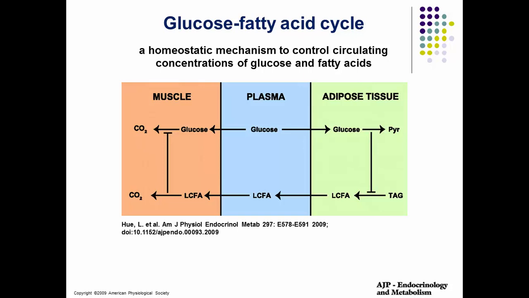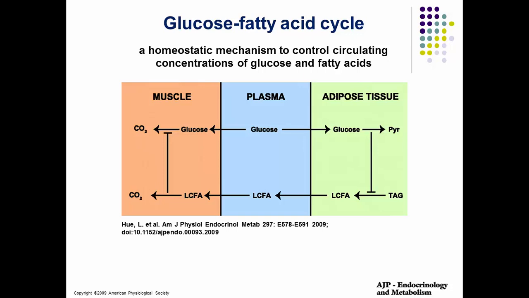So in the fed condition, we have a lot of glucose in the circulation, so both muscle and adipose tissue are able to take up a lot of glucose and utilize glucose as an energy fuel, producing pyruvate through the glycolysis pathway. And in the muscle, that glucose can be completely oxidized for energy, right?